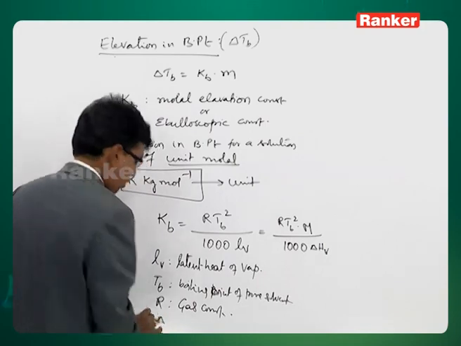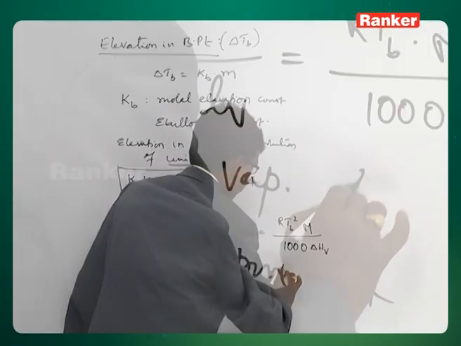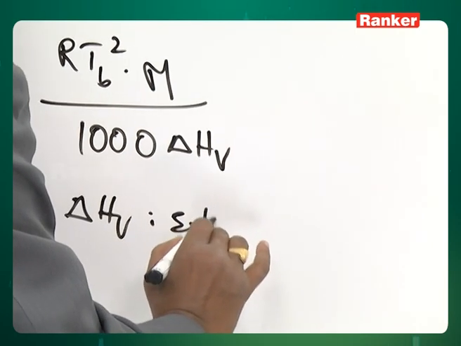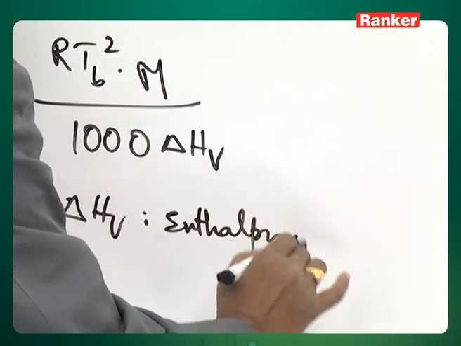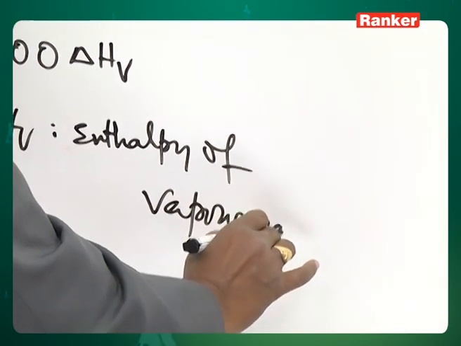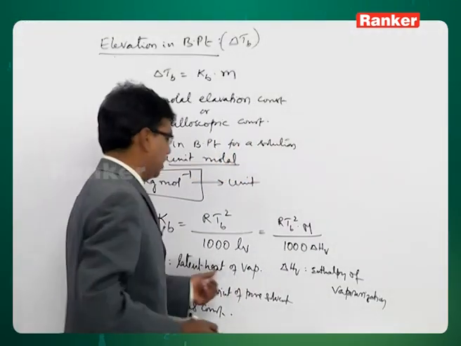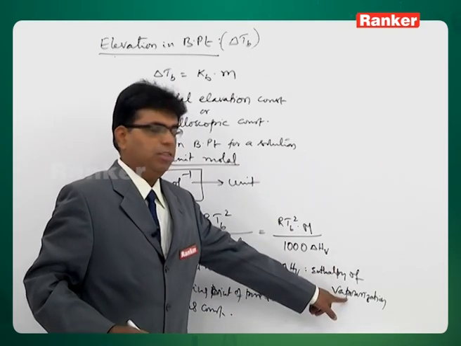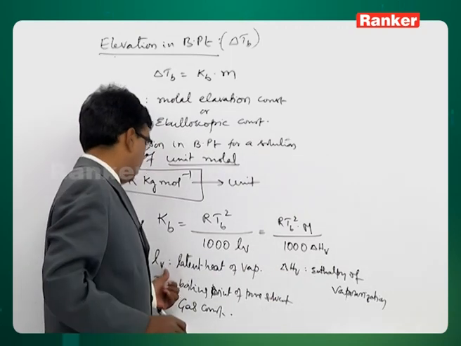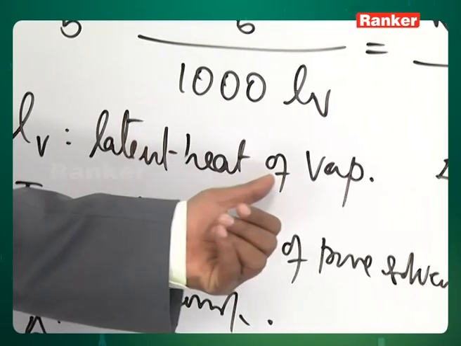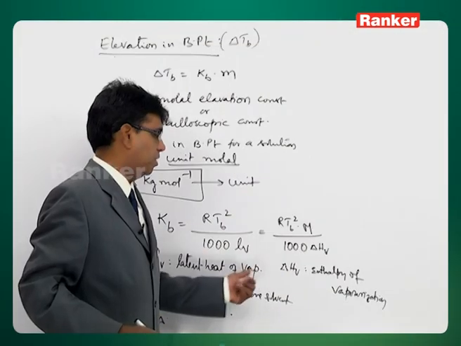Delta Hv is nothing but enthalpy of vaporization. Lv is the latent heat of vaporization, delta Hv is the enthalpy of vaporization. What is the difference between both? Lv is per gram, the heat required to evaporate 1 gram of a substance.